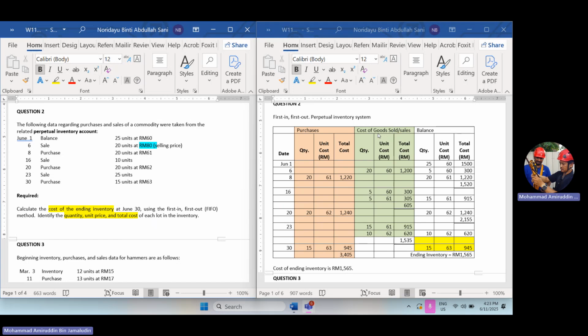Cost of goods sold. If you want to sell one particular product, you need to know the cost. Let's say the cost of my product is 10 ringgit, definitely if I want to sell that product, I should sell higher than 10 ringgit, right? You want to produce one cake, you buy egg, flour, and all the ingredients, cost you 10 ringgit. Are you going to sell the cake at 10 ringgit?